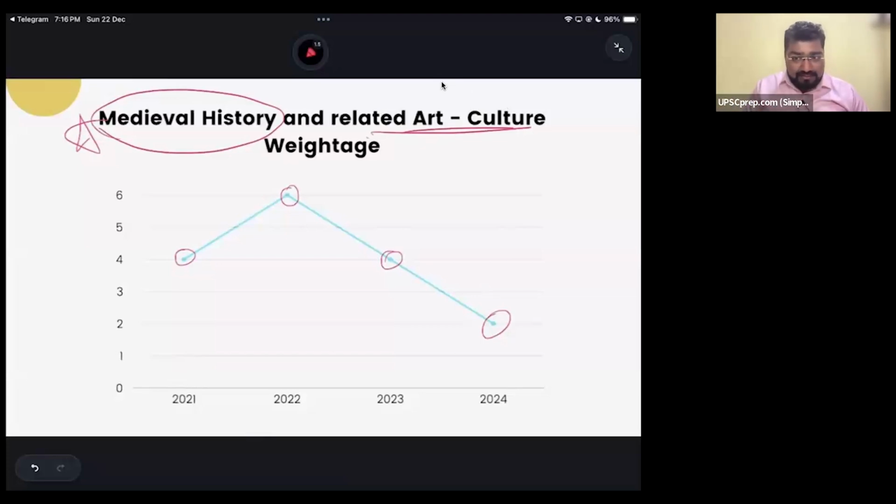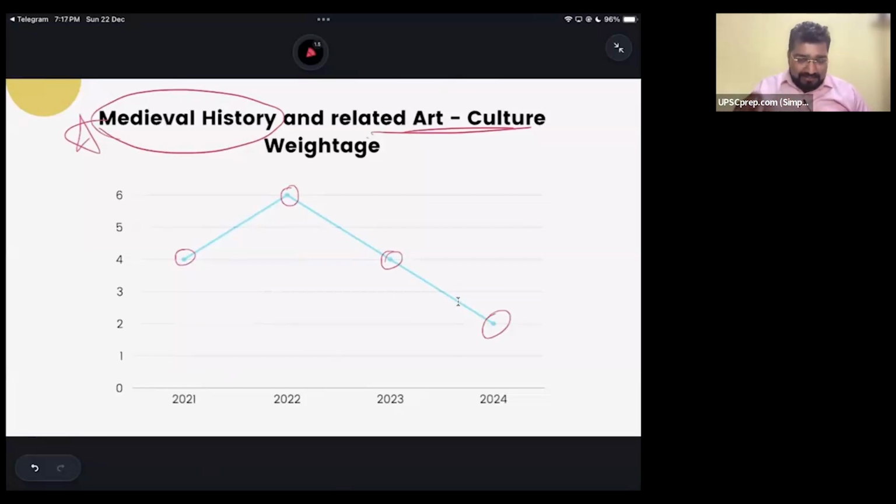Since the last 10 years, what they have done is proliferated awareness regarding the art and culture, regarding the ancient history, regarding the medieval history, right? And guys, see, these policies do get replicated in the exams as well, which are being conducted by the constitutional bodies.